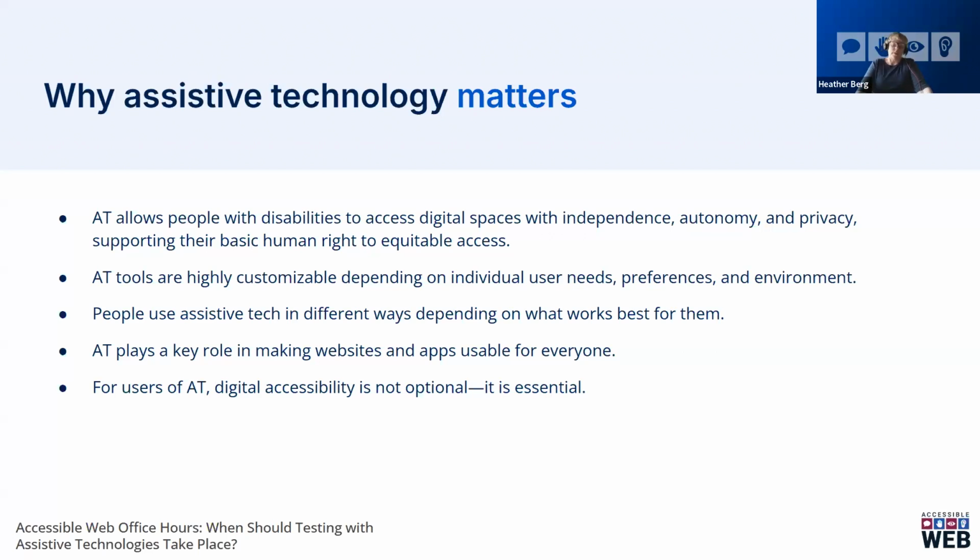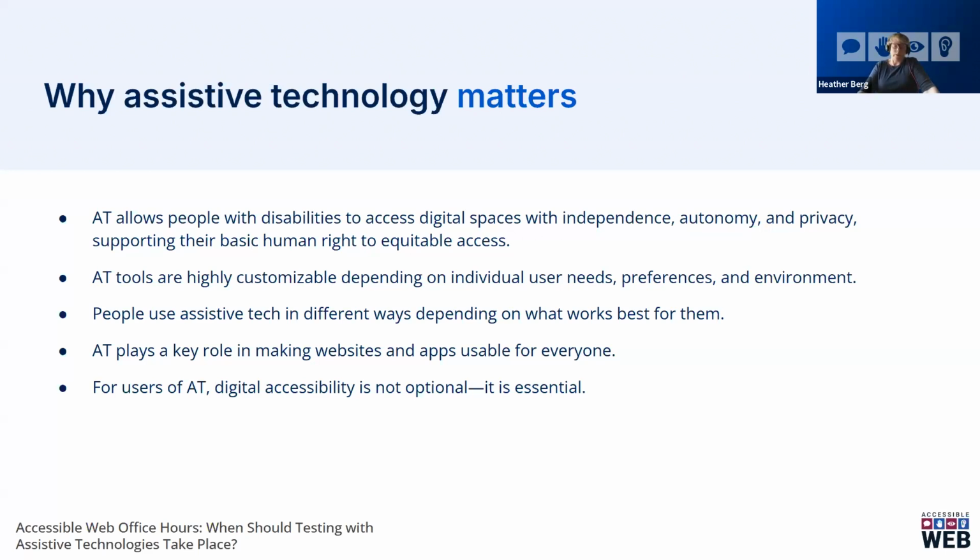And people use assistive technologies in ways that work best for them. So it's very important not to assume that any two assistive technology user experiences are ever going to be exactly the same. We'll find some commonalities for sure, but it is highly individualized. Assistive technology also plays an important role in making sure that websites and apps are accessible to all users and usable by all users.